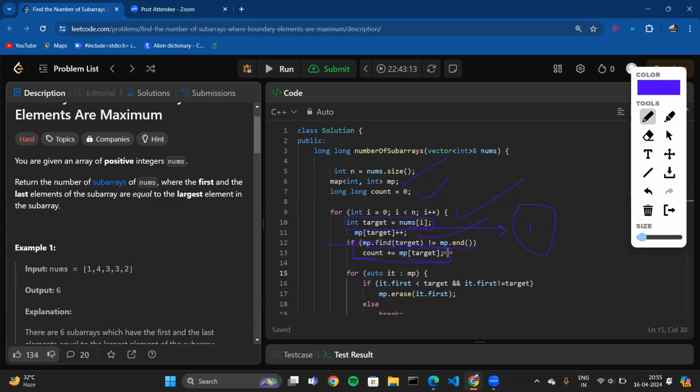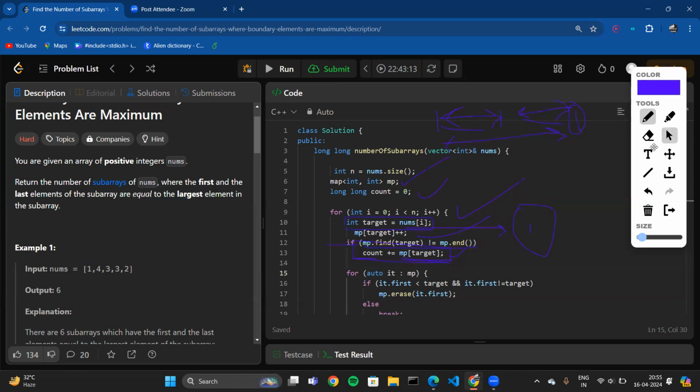And then whatever mp of target is there, let's say I have 1, some elements, 1, some elements, 1, and I am now here at this one. So there are in total how many subarrays? I need to increase the counter by mp of target.